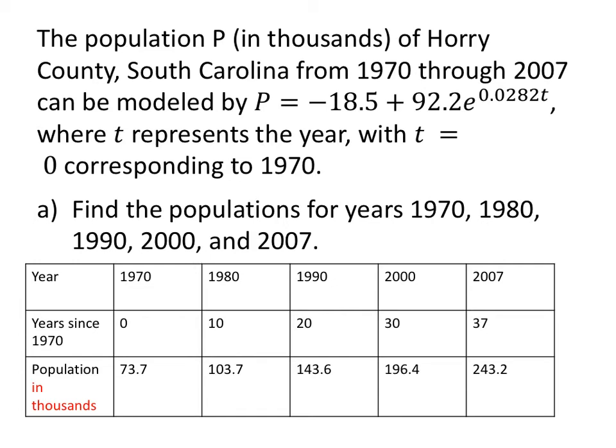So that's 73,700. 1980 is 10 years later. 1990, 20 years later. I evaluate my function at these values of t based on the years after 1970 to find all of my answers. And I can see that in 2007 there were 243,200 people supposedly in Horry County, South Carolina.